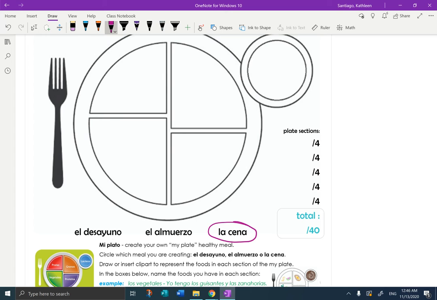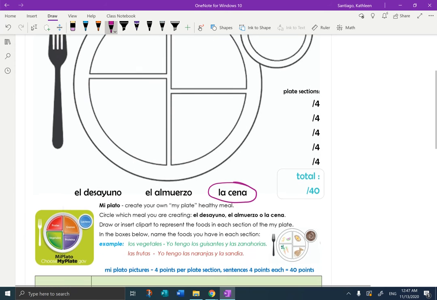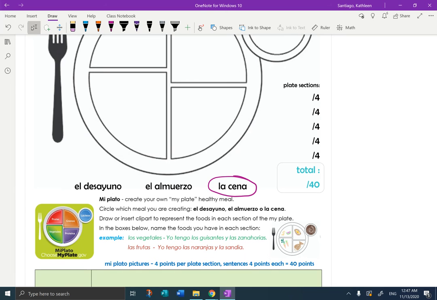So I would take this in 2 steps. First, I would either draw or go out onto Google and grab some clip art or pictures and put them in the right spot. Now remember, it has to be in the right spot. So again, this would be your verduras. The one above it is your frutas. The one next to frutas is your granos.